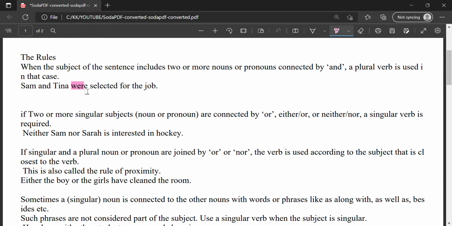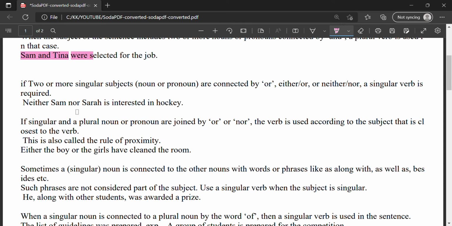See here, since there are two nouns, I'm using a plural verb.